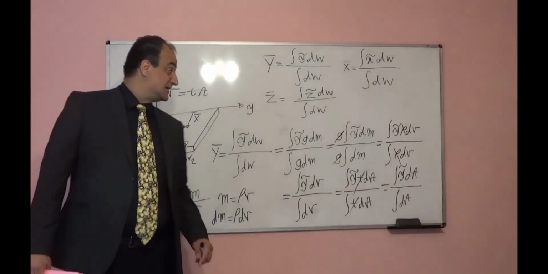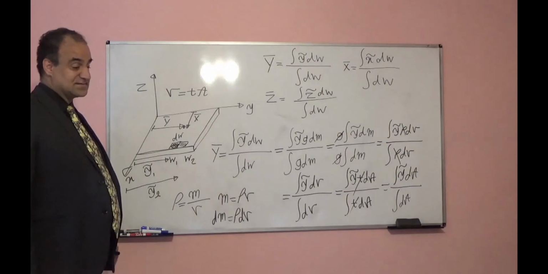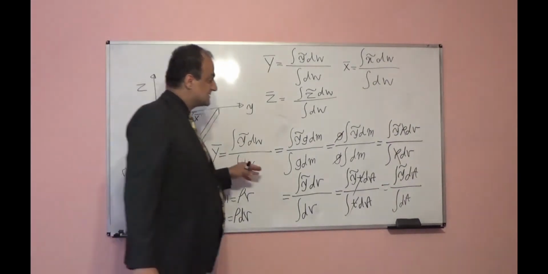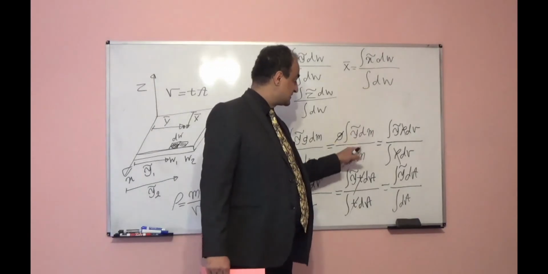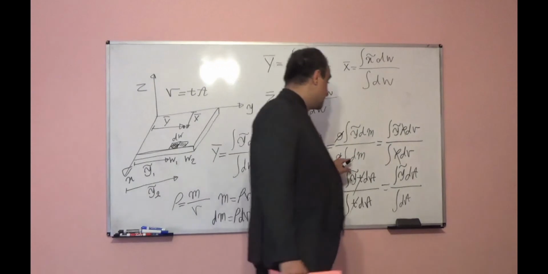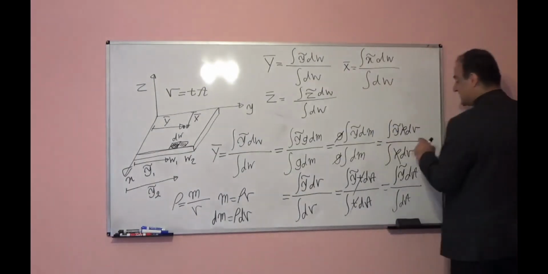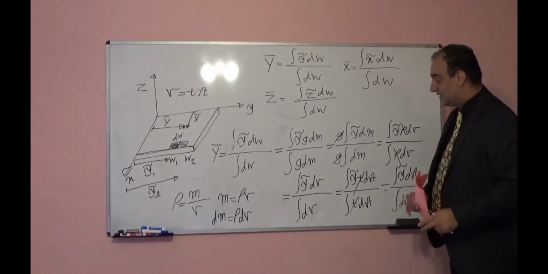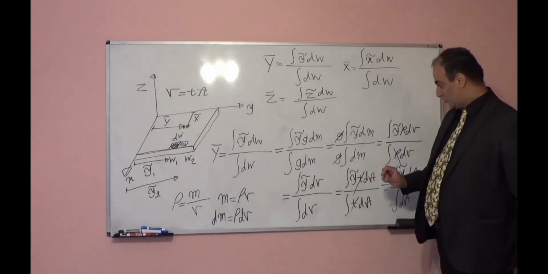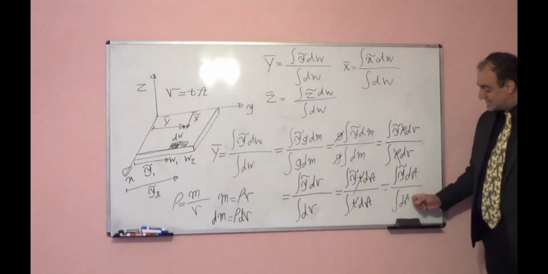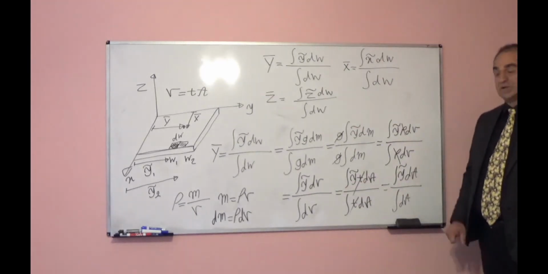So from here we can see, center of gravity, if the gravity field is uniform, is the same point as center of mass. If the mass distribution is uniform, it is the same point as center of volume. If the thickness is uniform, the same throughout the object, it is the same as center of area.